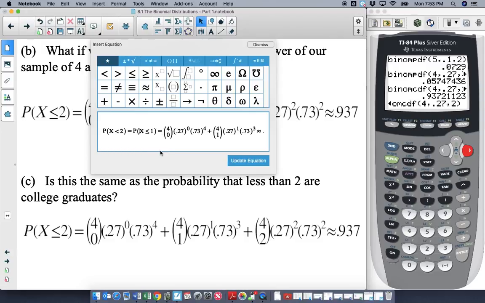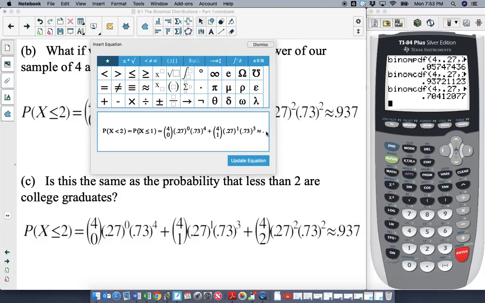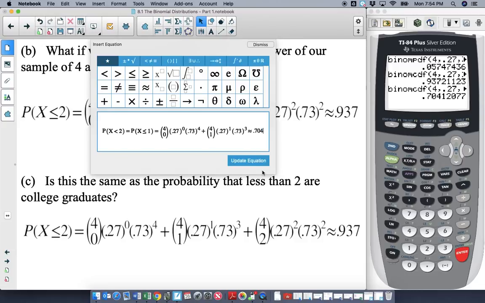I don't know why it didn't put the other parenthesis. There we go. So see how I changed my notation from just x is less than 2 to the probability that x is less than or equal to 1. So in my calculator, I need to change that last value to a 1 because I just want to include 0 and 1. So now if I hit enter, I get 0.704 about.